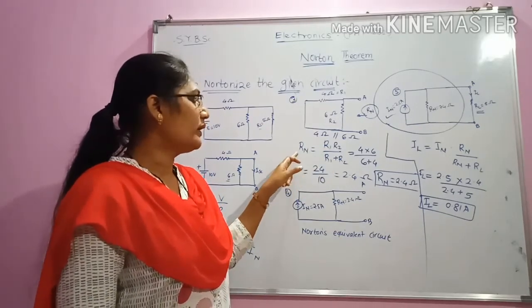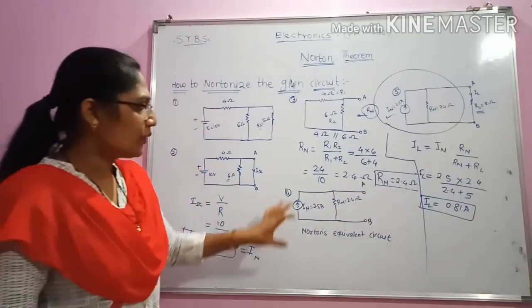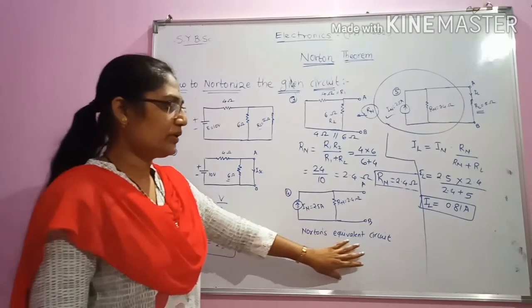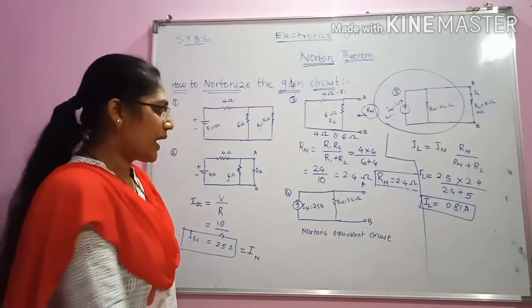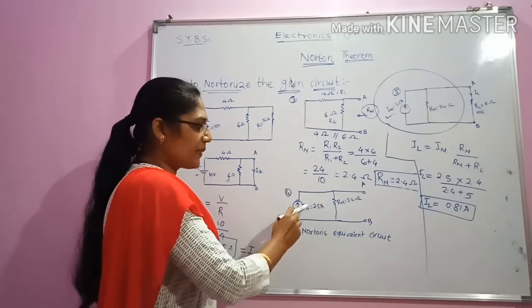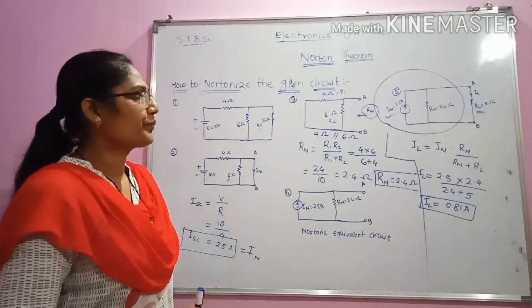We obtained its value as 2.4 ohm. Now we will represent this structure by its Norton equivalent circuit, which will have IN value as 2.5 ampere and Rn parallel to IN with value 2.4 ohm.